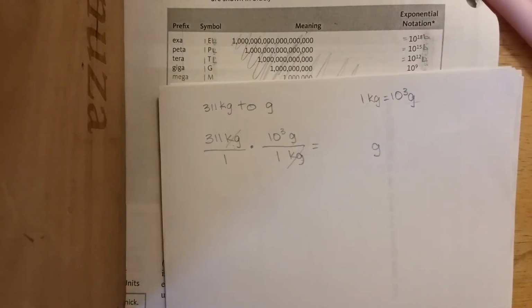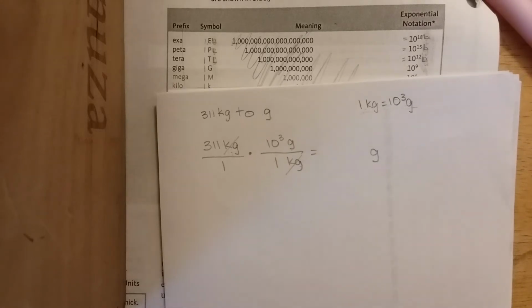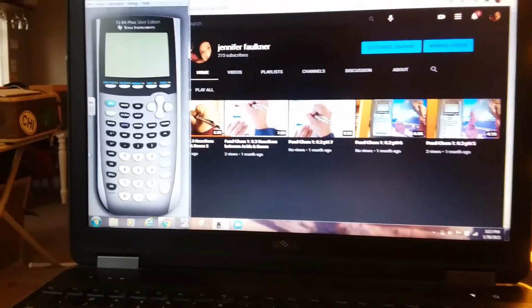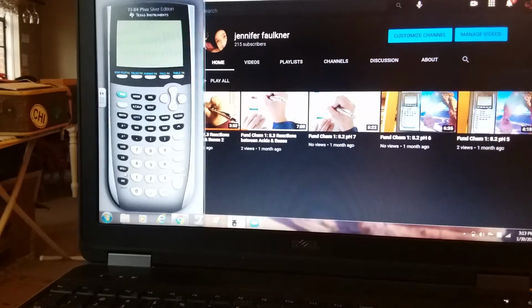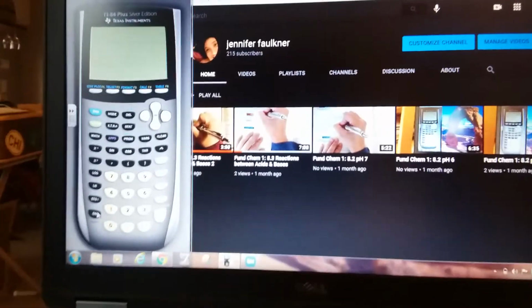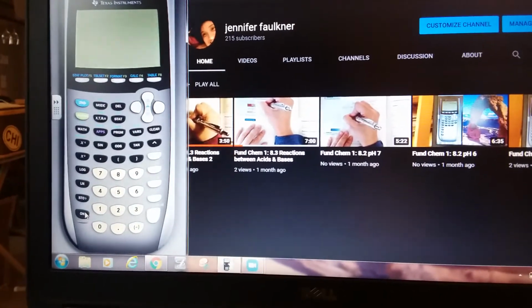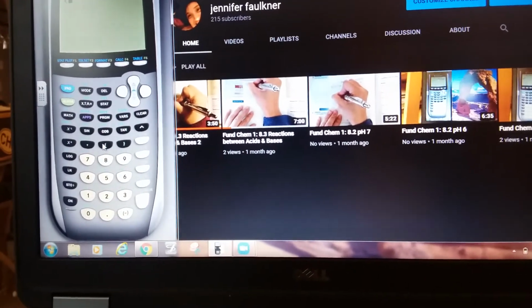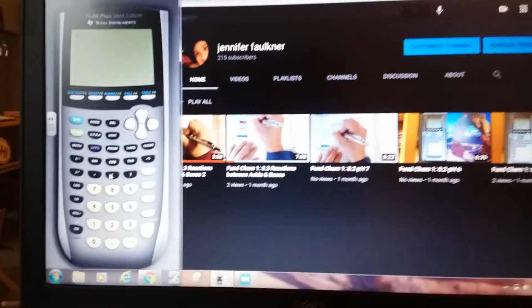Now, let me put up my calculator. On this calculator, let me see if I can make it to where you can see that well. Okay, I'm turning it on. I'm going to open up the parentheses.